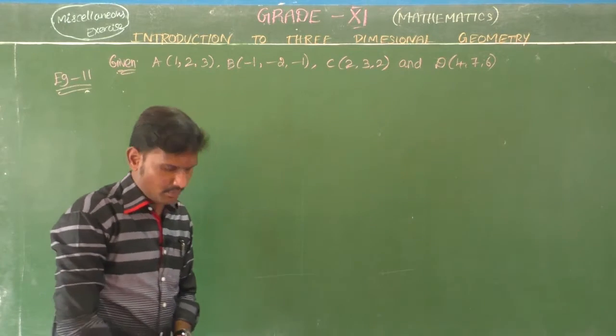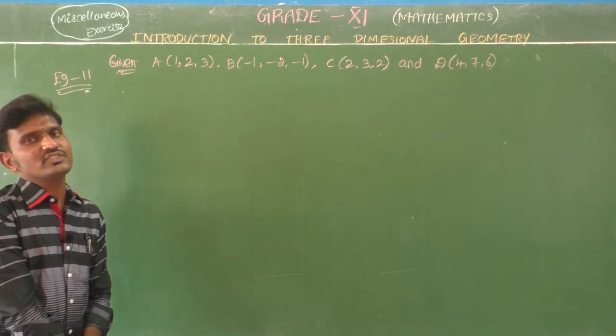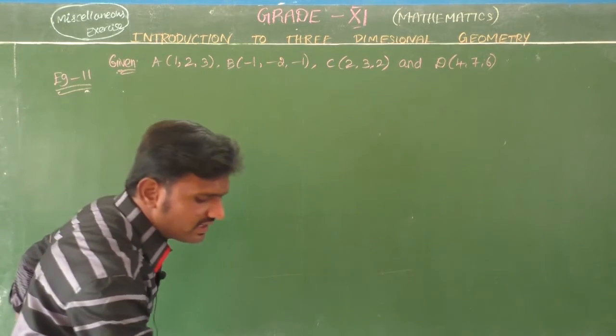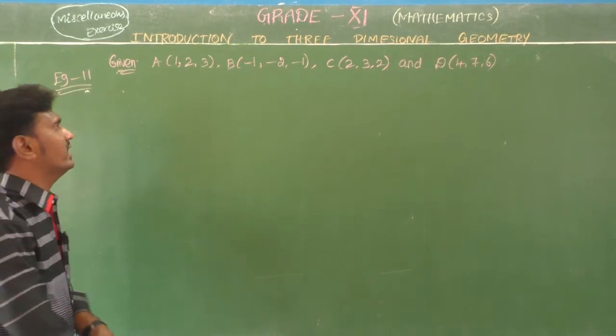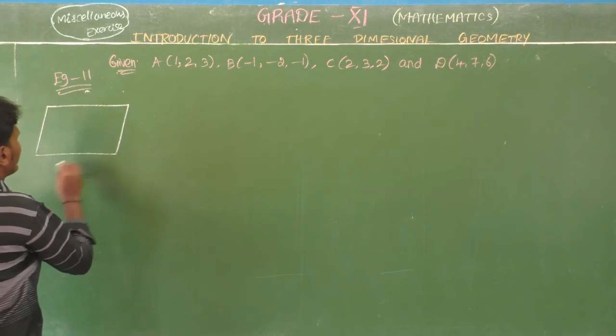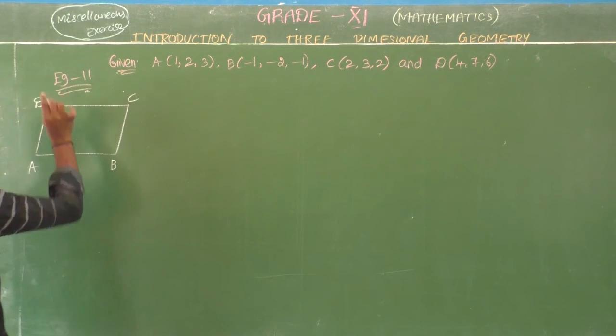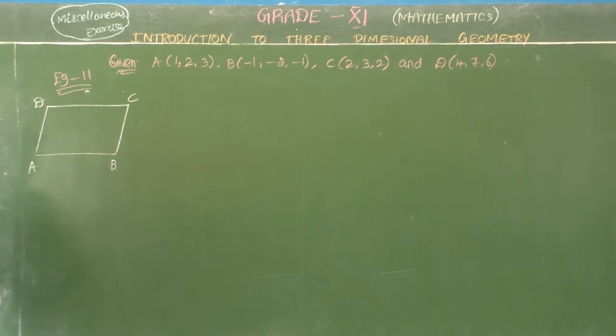Okay, so these are the points. 4 points are given, so we need to use the distance formula to find the distance between the four sides of a parallelogram. Parallelogram means we take it like this: A, B, C, D. Now first we want to take the distance between AB.